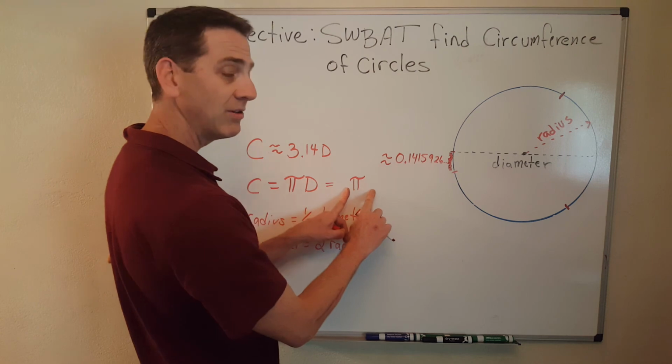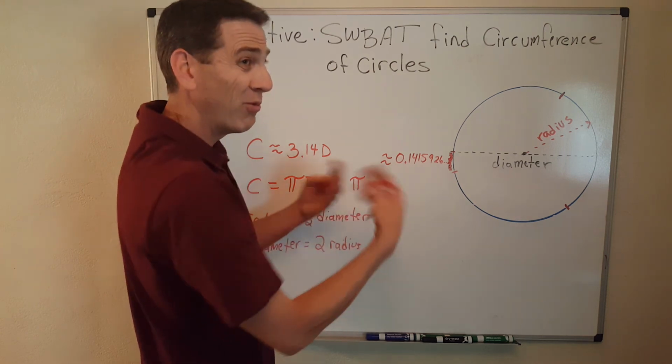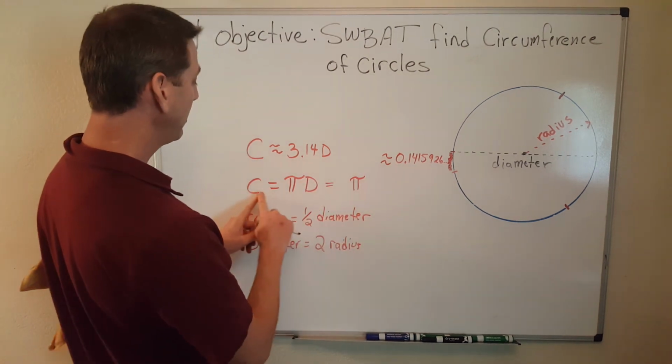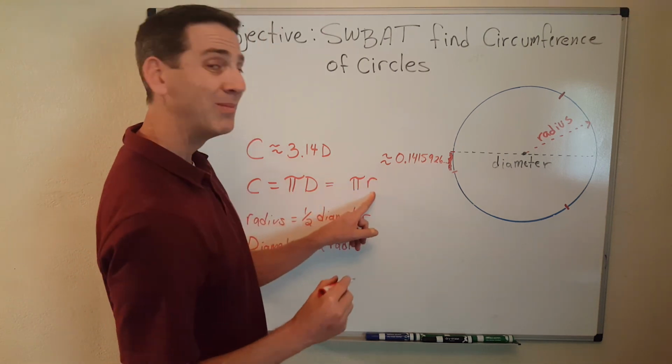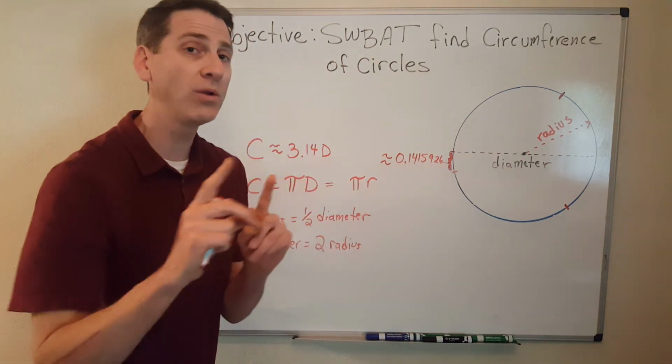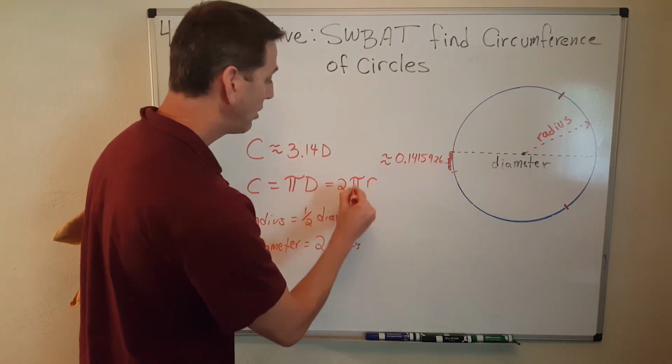So if I want to put this in terms of radius, I would say circumference equals pi r, but I need 2 r's to make 1 diameter. So I'd write it like that.